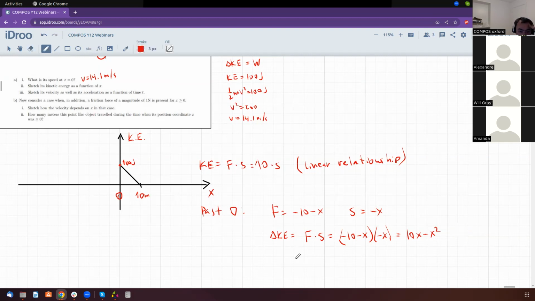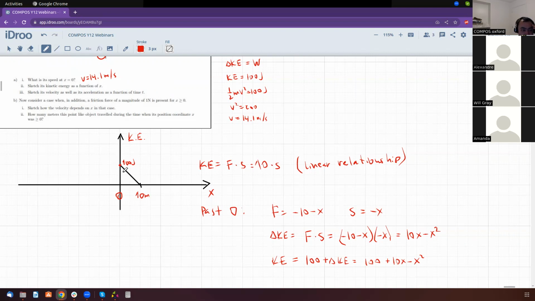So the kinetic energy is equal to 100 plus the change in kinetic energy. So it's 100 plus 10x minus x squared. And you should know parabolas by now.